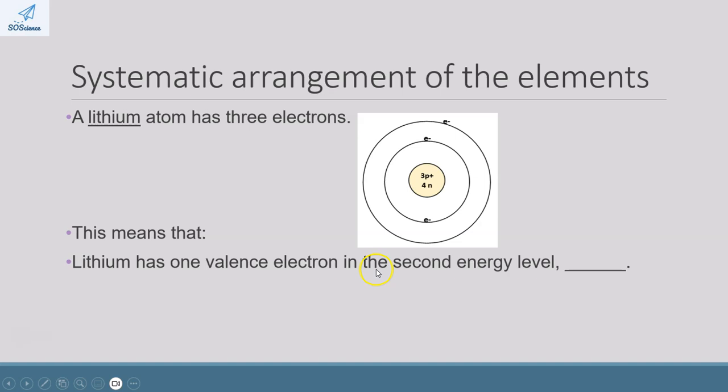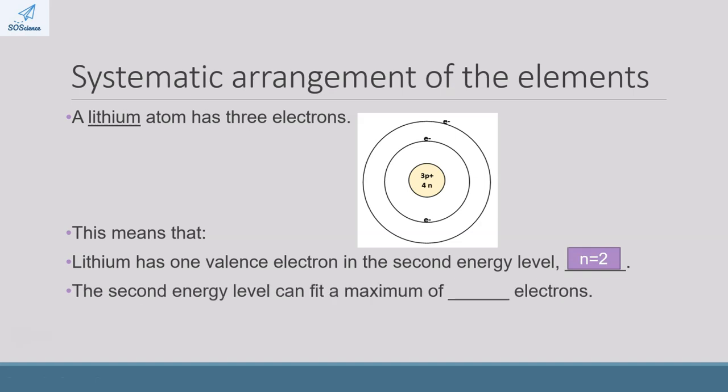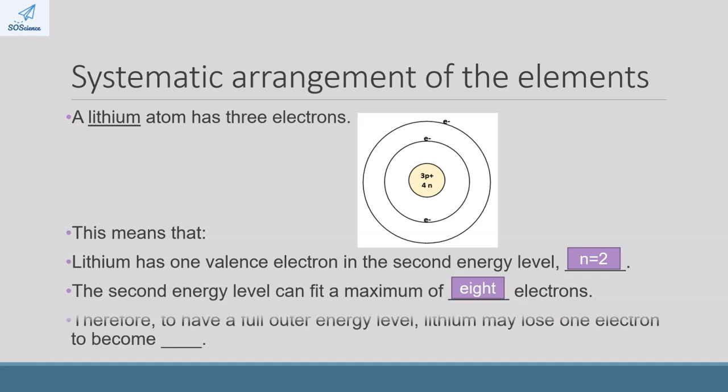So lithium has that 1 valence electron in the second energy level, and the second energy level is called n equals 2. The second energy level, as we already learned, can hold a maximum of 8 electrons.